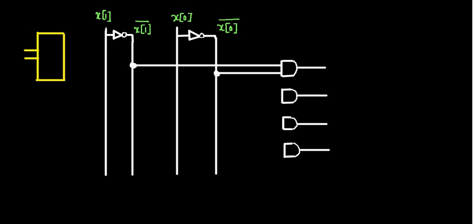Two inputs, four outputs. So I am defining this complete input as x and the complete output as y. So this is y, this is x. Alright?